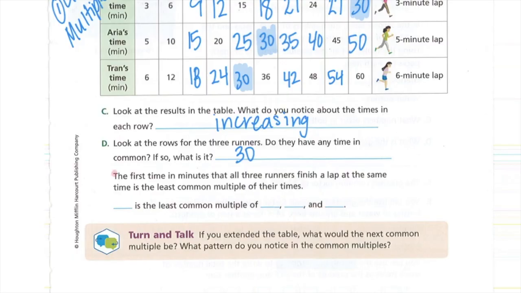I want you to take your pencil and draw a circle around that. If you have a highlighter, okay, remember I said at the same time is least common multiple. You have to remember at the same time LCM, okay? So 30 is the least common multiple of 3, 5, and 6.